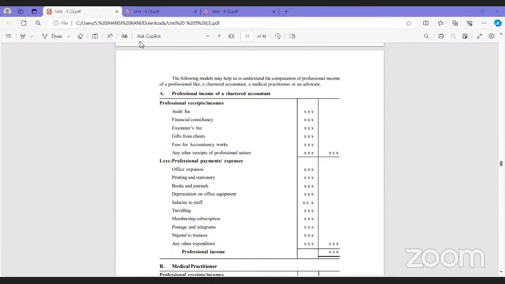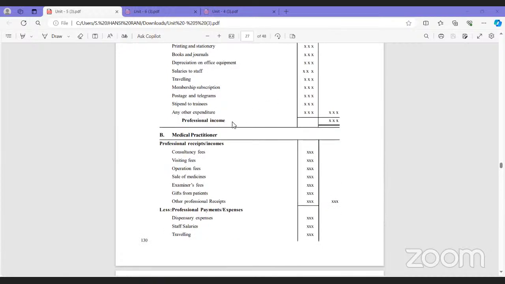Yes. So for them, we will pay this stipend. Next, we have any other expenditure. So this all will fall under the payments. So it's very clear, and very easy also, that income from profession is nothing but receipts minus payments.